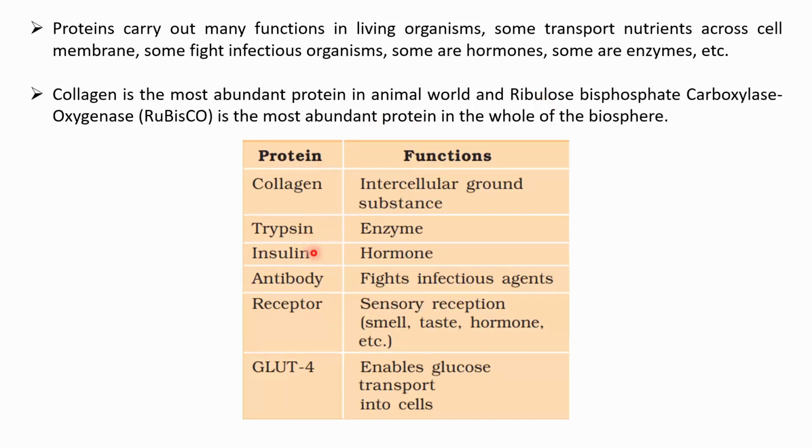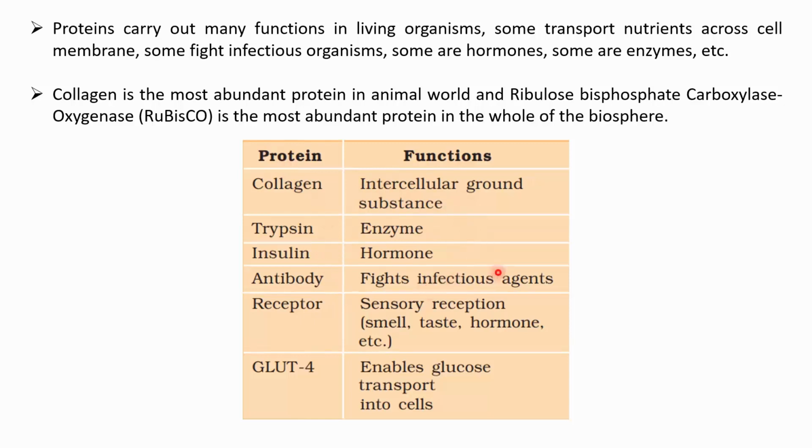So there are different proteins, some of them mentioned here with their functions. The first one is collagen, which I mentioned is the most abundant protein in the animal world. What is the function of collagen? It is an intercellular ground substance. Next is trypsin, which acts as an enzyme. Insulin is a hormone.